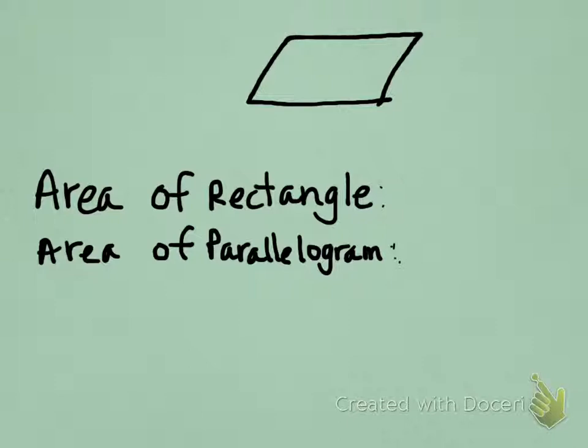This is some good math note-taking, so I would highly recommend that you write your formulas down. So we know that the area of a rectangle equals length times width.